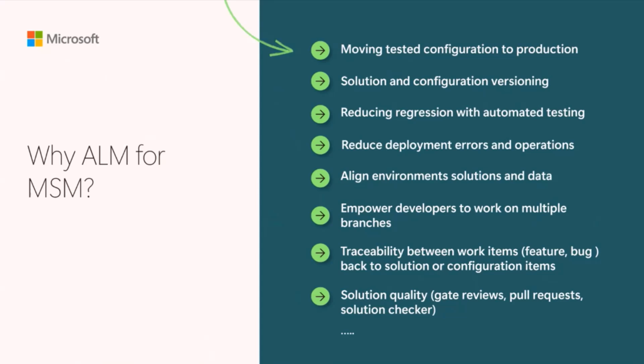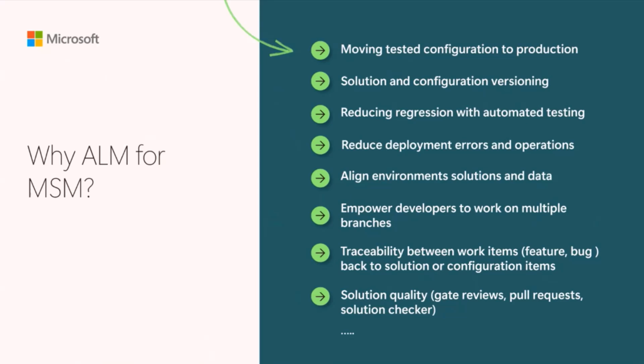Something that becomes more critical when you go live is to make sure you don't have regression whenever you have a new release. So you need to reduce it by adding automated testing, which will also reduce your deployment errors and operations.